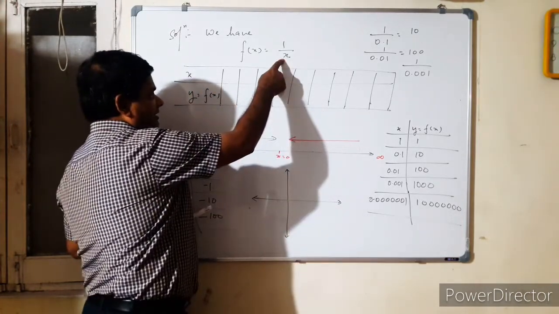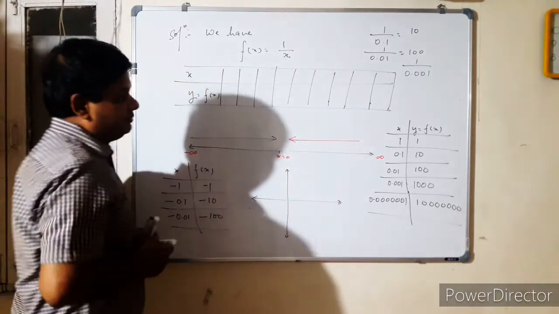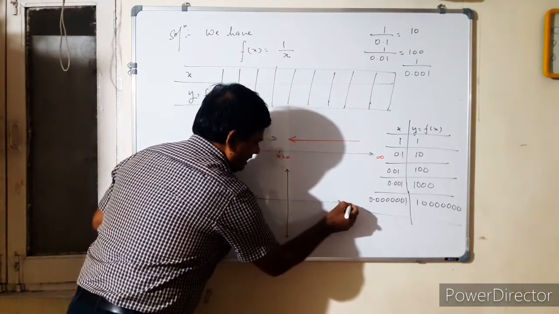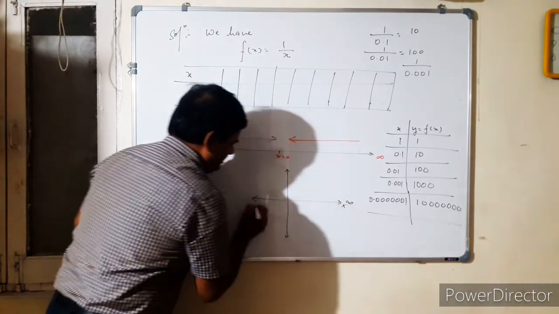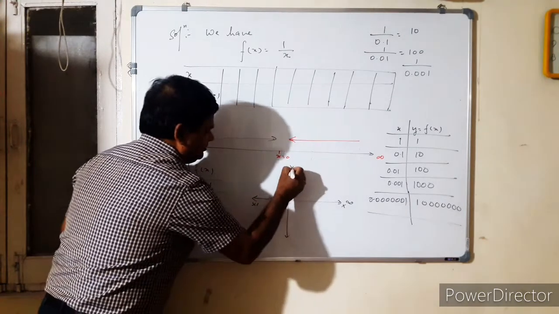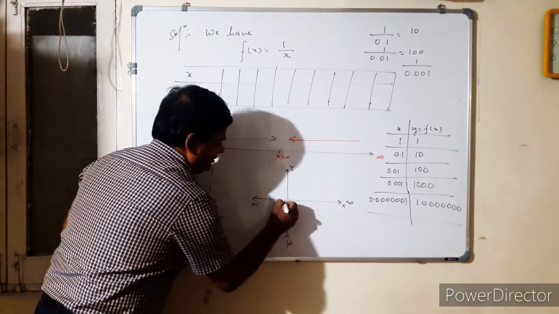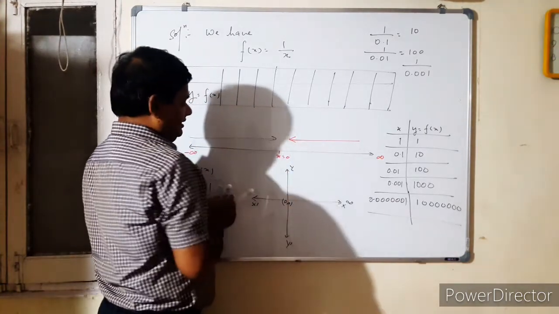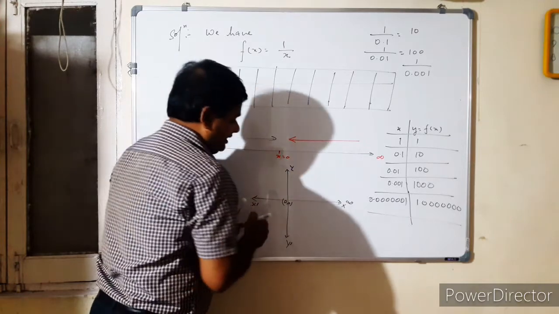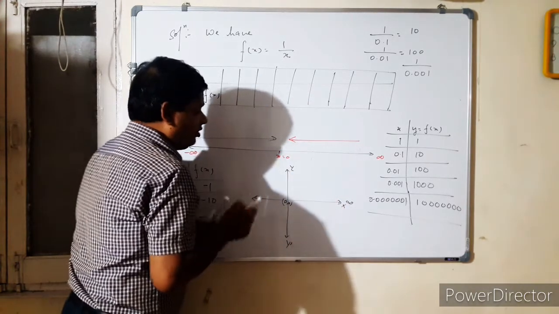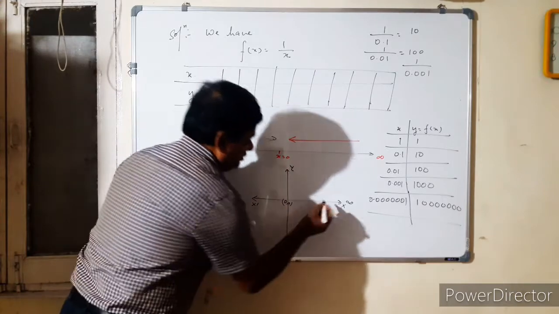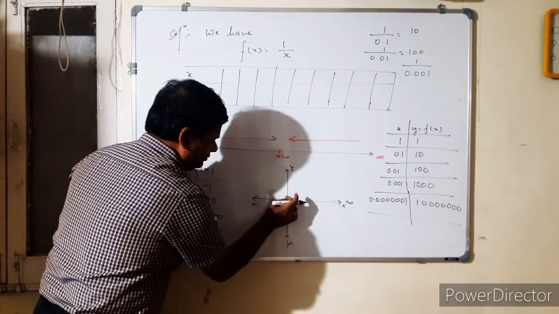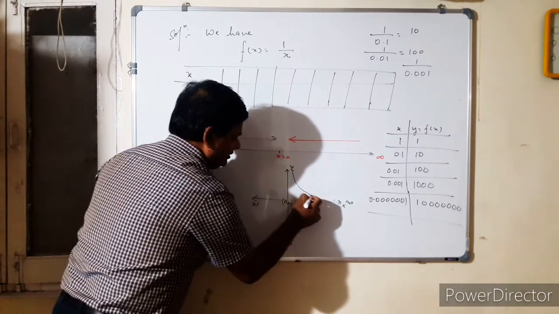See here, this side is x, this side is x dash, this is y, and here y dash, and here the origin. So when x is equal to infinity, then the value is almost 0. When you are coming towards 0, the value is increasing.